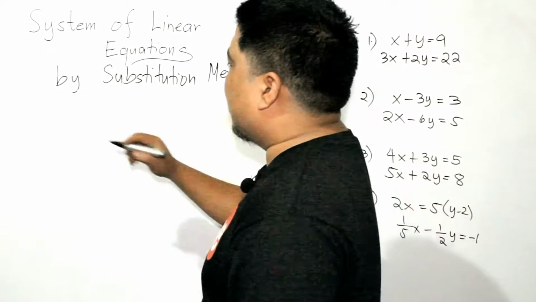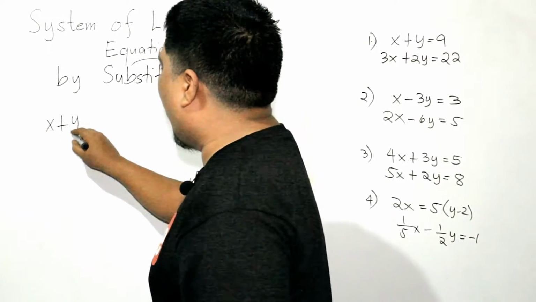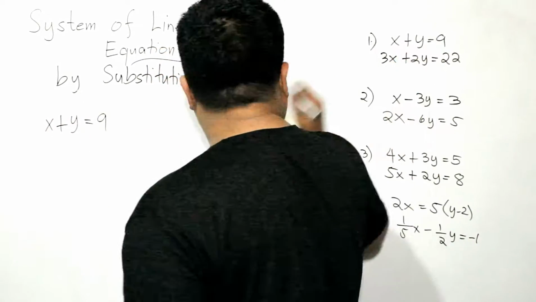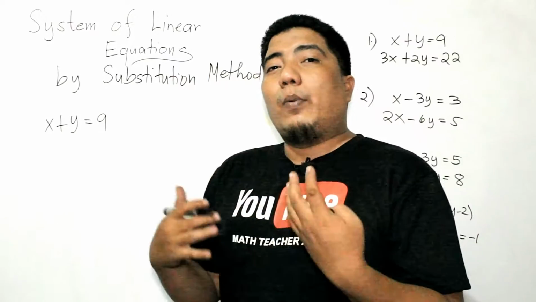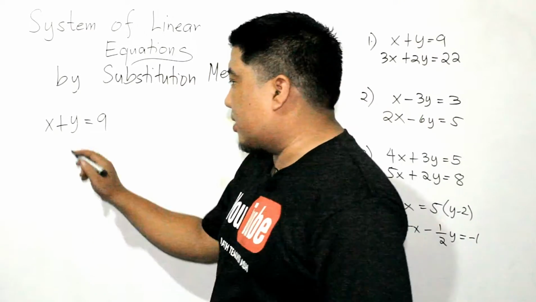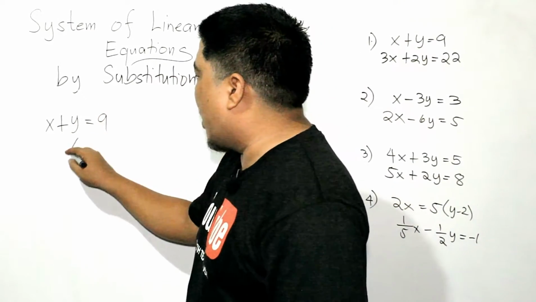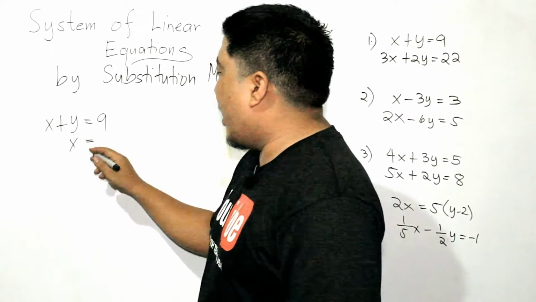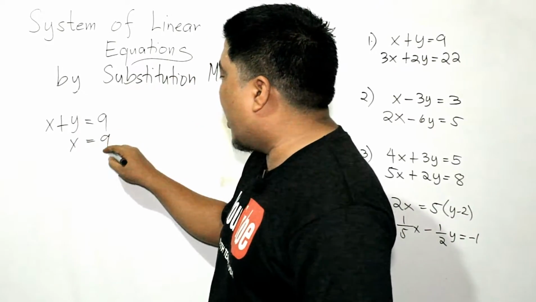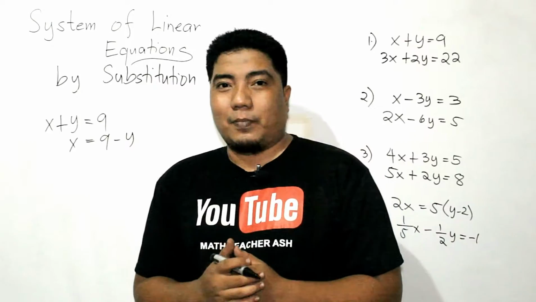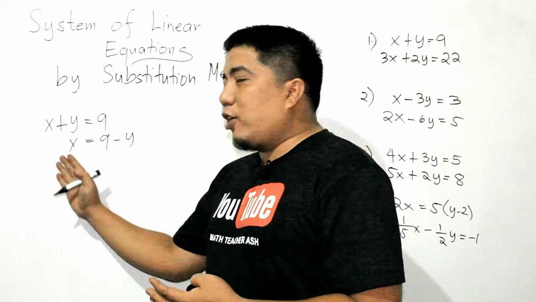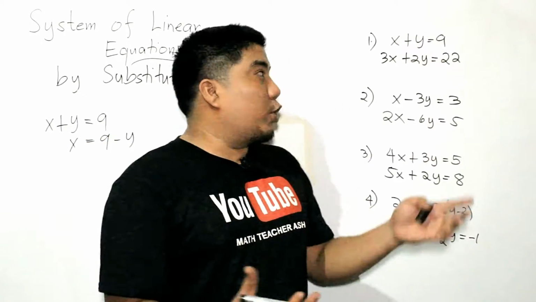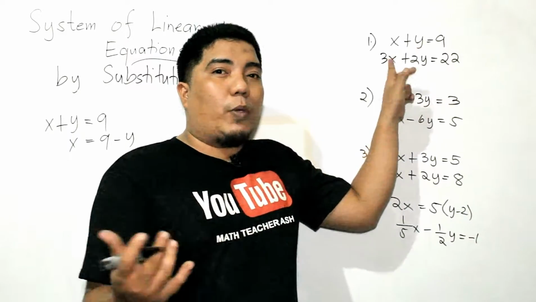This is the process. We have x plus y is equal to 9, right? So, I will try to yield the value of x. I will transpose my y, and that gives me x is equal to 9 minus y. Therefore, this value of x will be substituted into the x in the second equation.